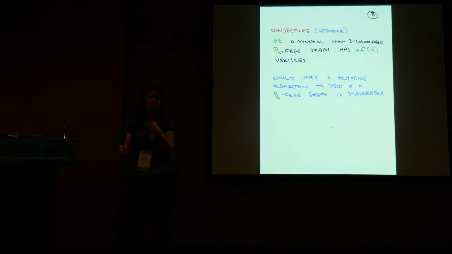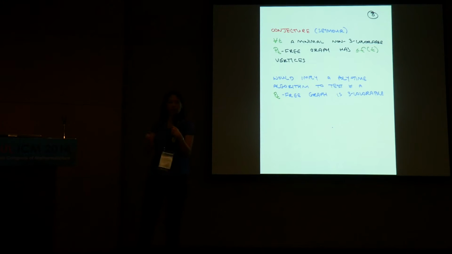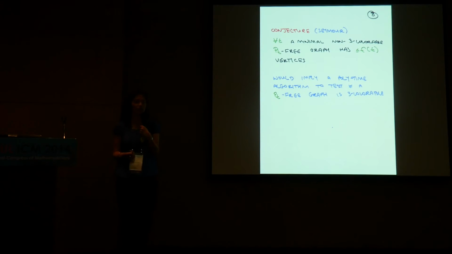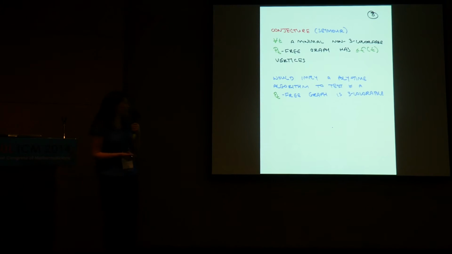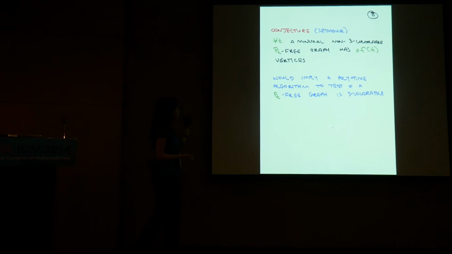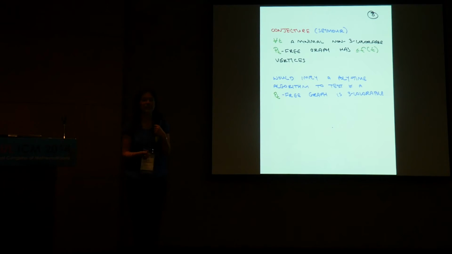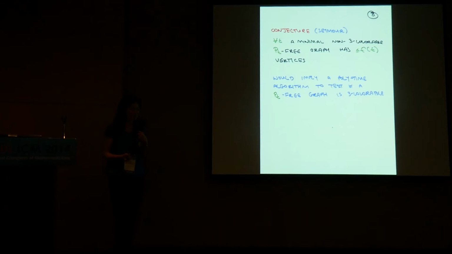Or equivalently, if I exclude a fixed length path, then any minimal obstruction to 3-coloring has boundedly many vertices. Now, obviously, if this were true, then you would get a polynomial time algorithm for testing 3-coloring with a fixed length path excluded. You just go and check if any of the obstructions is present.